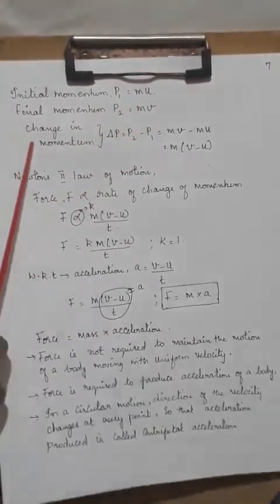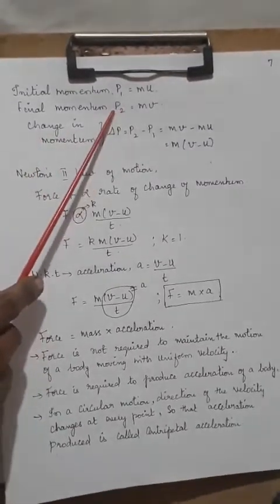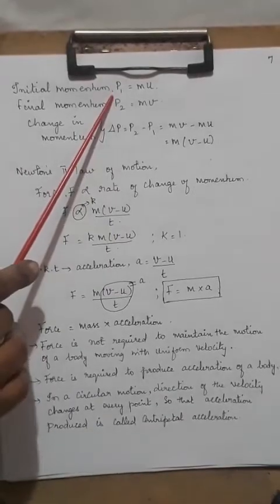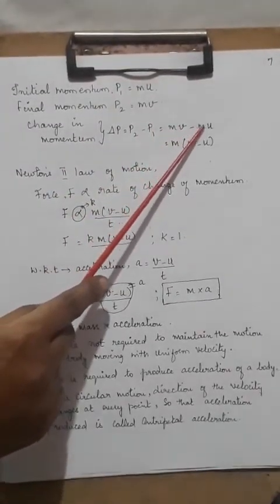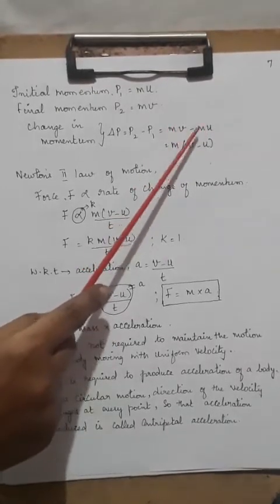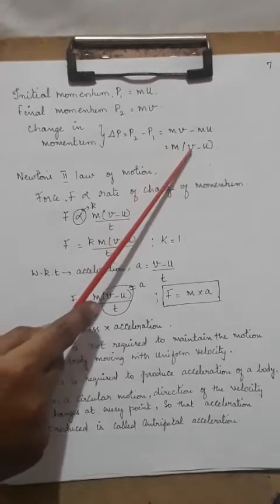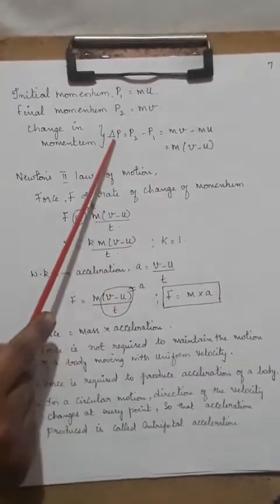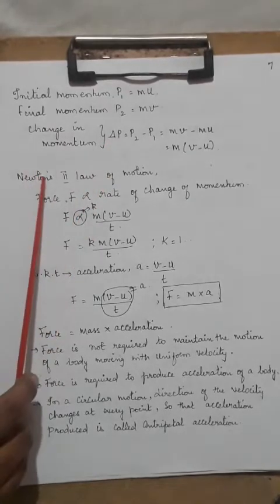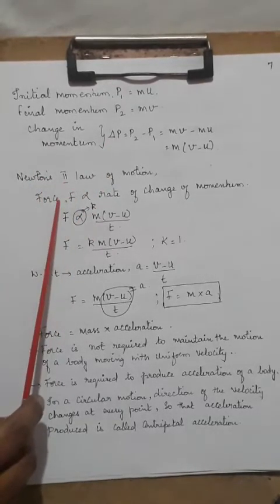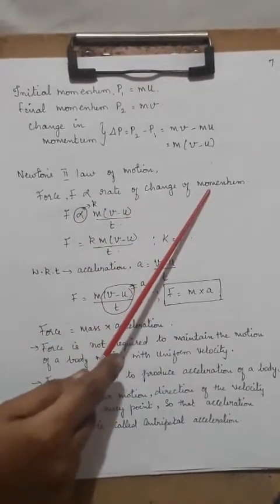So now I need to find the change in momentum, right? Change in momentum will be nothing but P2 minus P1. So m into v minus m into u. m is common in both places, so m is taken outside: m into (v minus u). This is only the change in momentum. But our law, Newton's second law, says force is directly proportional to the rate of change of momentum.